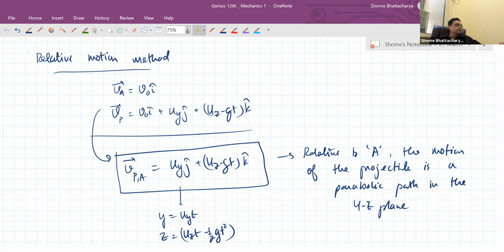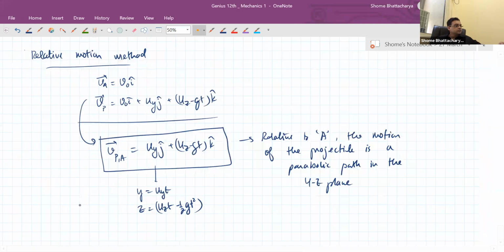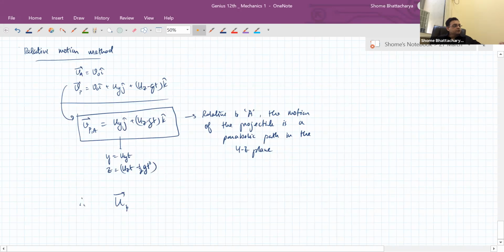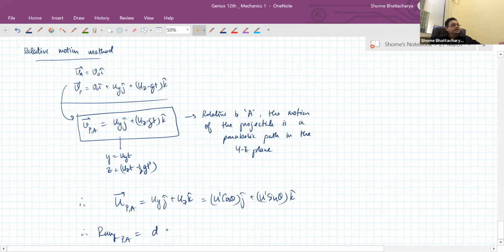Okay. So the initial velocity of the projectile with respect to A, that is uy j cap plus uz k cap, let us say that is u prime cos theta j cap plus u prime sin theta k cap. Okay. So therefore the range of P with respect to A should be d along the y-axis.